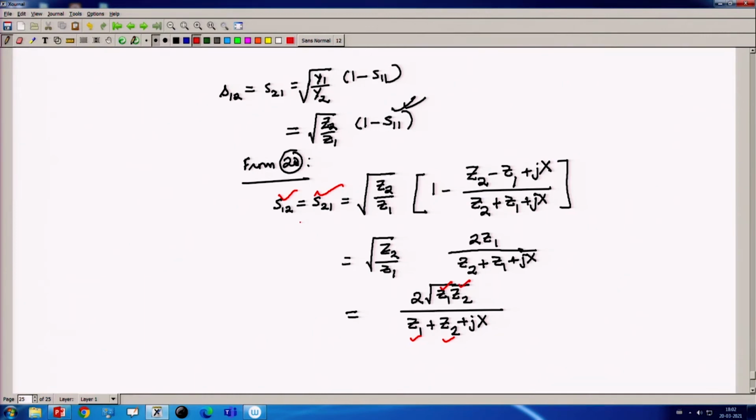We had used normalized voltages here. If unnormalized voltages are used, the same expressions will be obtained for S11 and S22, which we had obtained now, but the expressions for S12 and S21 would get changed.